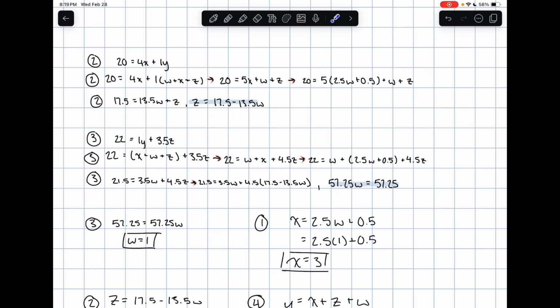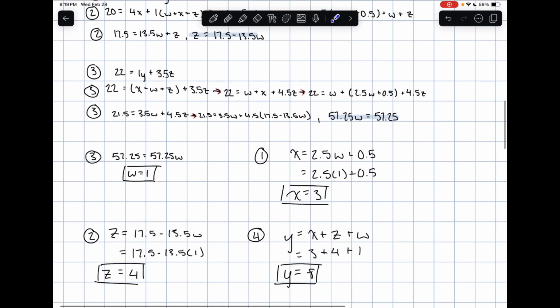Now we back substitute. Knowing w, we can find x, because our x equation is only in terms of the single variable w. So we take the equation x equals 2.5w plus 0.5, plug in the 1, and we get x is equal to 3.